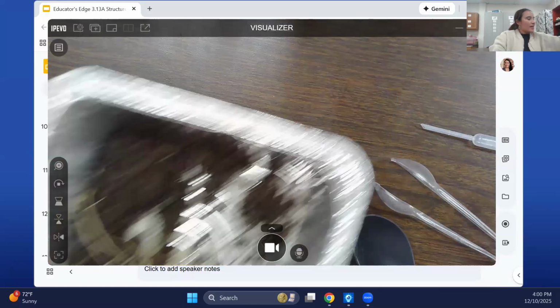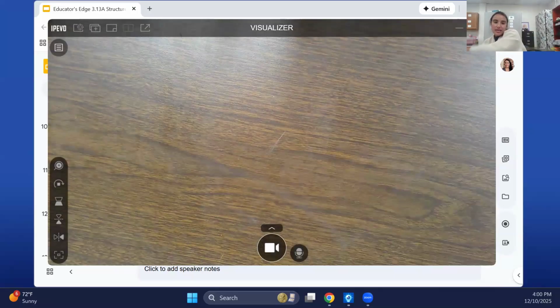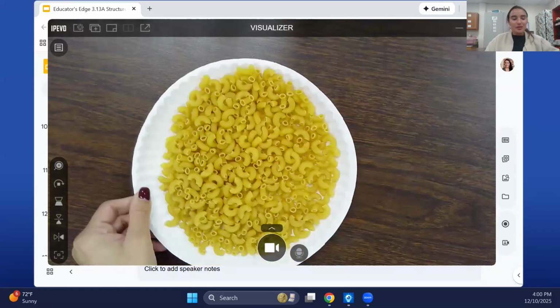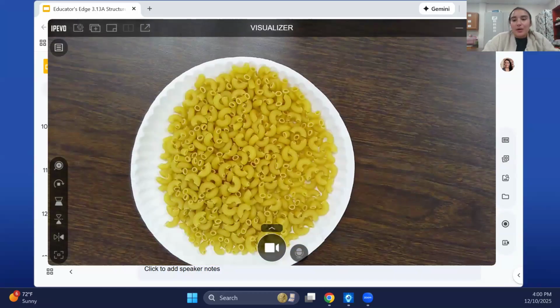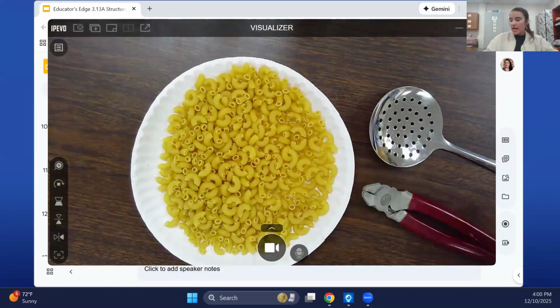Okay. And then station 5, our food source is insects. So insects are going to be represented by this macaroni pasta. And the tools that we have are going to be our strainer, pliers, and tweezers.